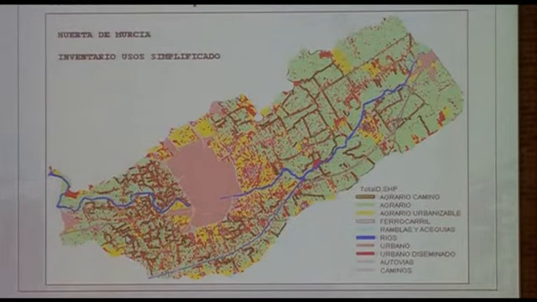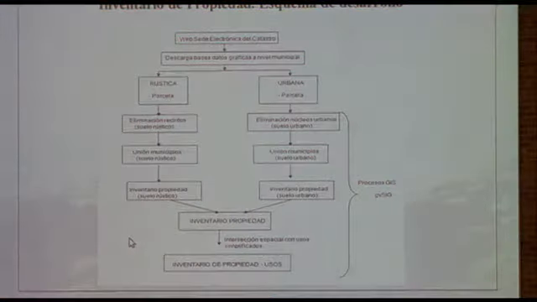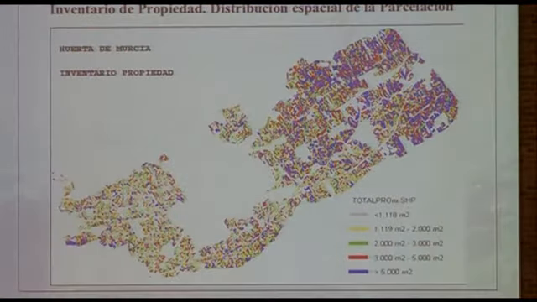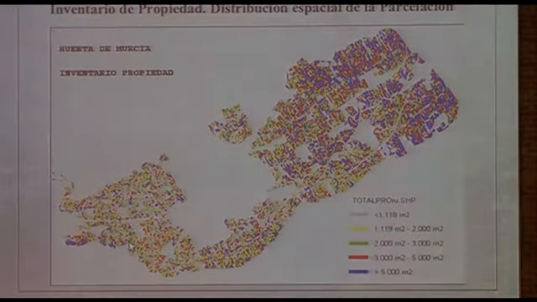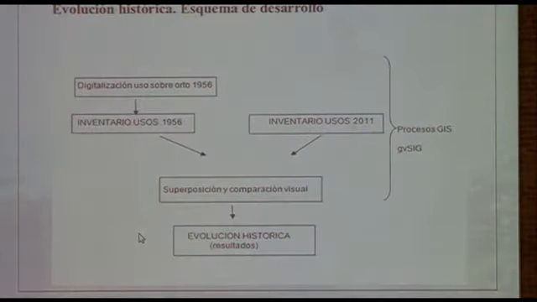We see the agricultural trails, those slots that can be built, the urban slots. I'm not going to study each and every municipality, but you see that from this plot study, we can also study the ownership of those plots. We can see the development of ownership in that region.